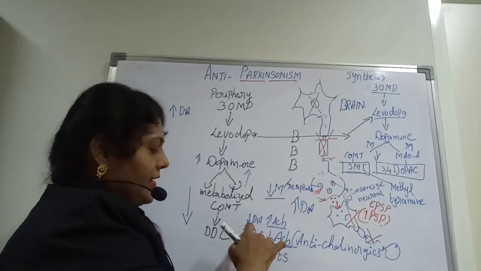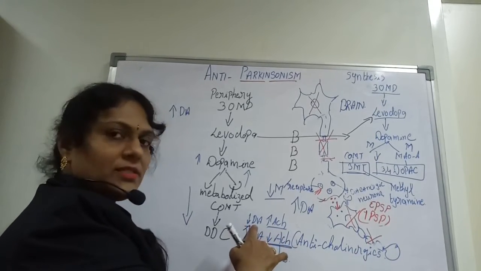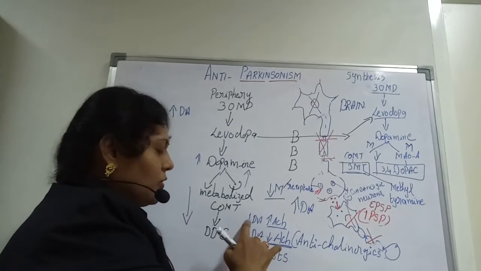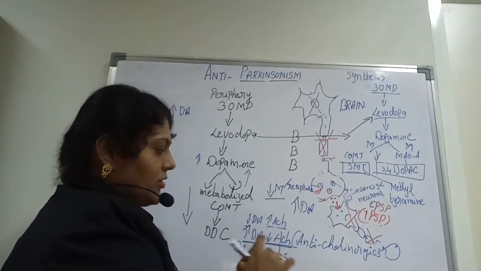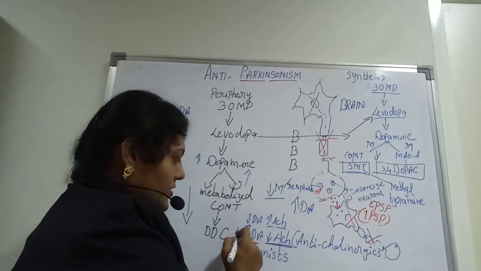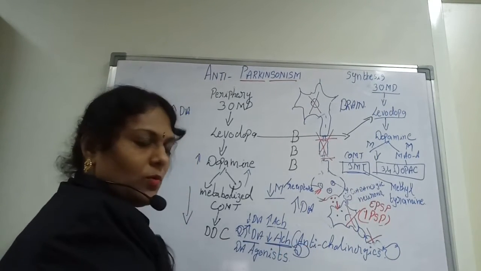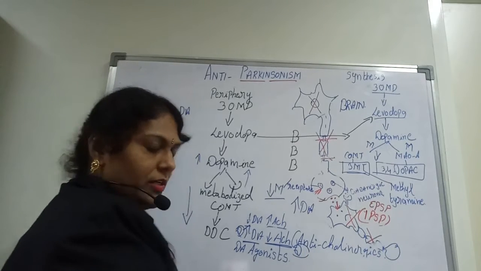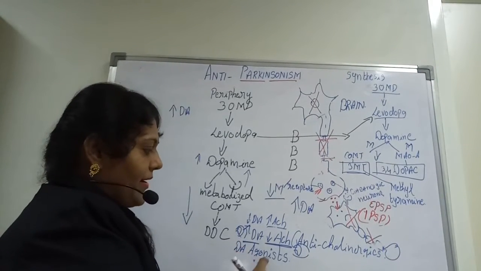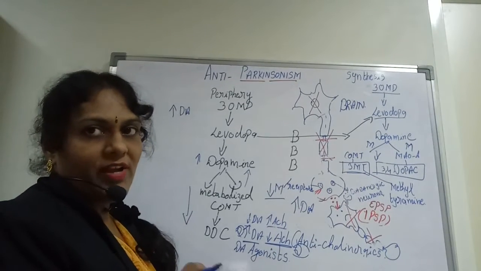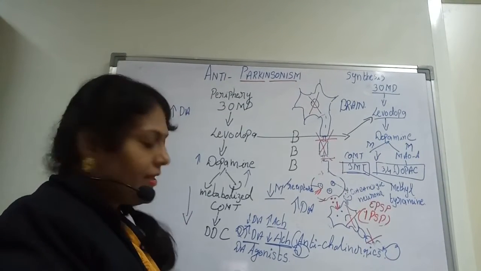Why? Because Parkinsonism is caused by decreased dopamine and increased ACh. So these are the symptoms and these are the corrections done by the drugs. The drugs which decrease ACh are called anticholinergics, and the drugs that increase dopamine are called dopamine agonists. So the drugs we are using are trying to increase this.